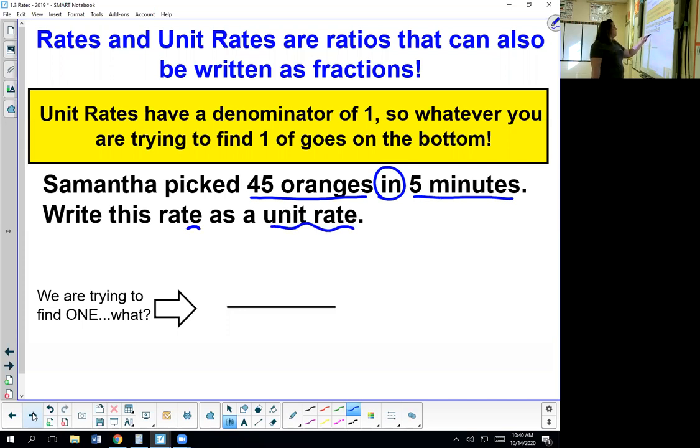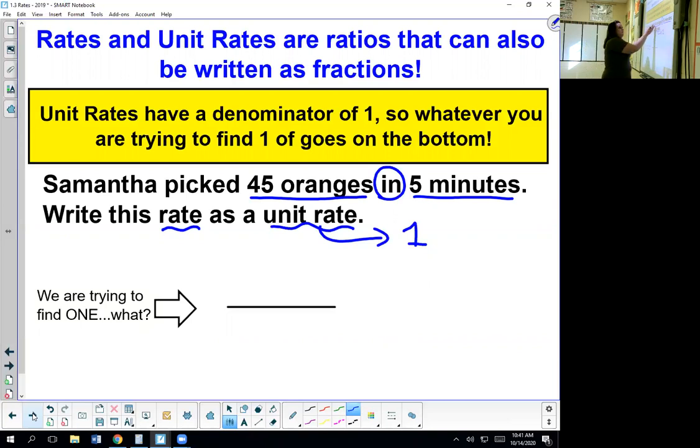So the difference between rate and unit rate means for 1. Rate doesn't matter, it just would be that. That's a rate. 45 in 5 minutes. So what are we trying to find one of? Are we going to do oranges per minute or minutes per orange? Well, go in the order that it says.